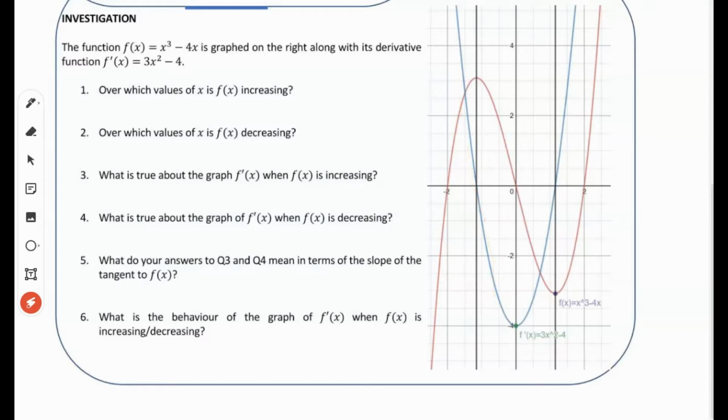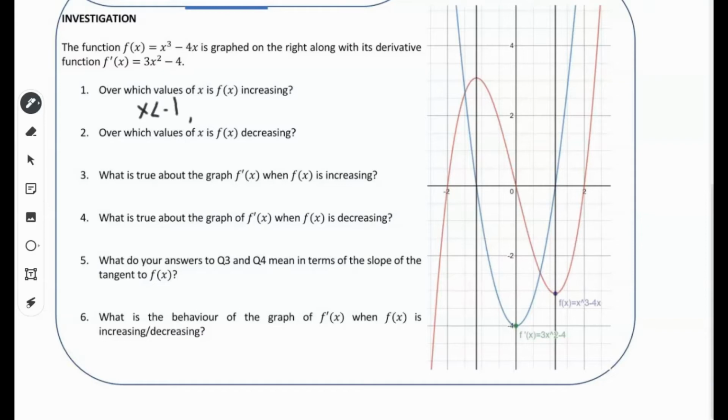So first, let's look at over which values f of x is increasing. Well, over here, it's definitely increasing, all the way up until about -1, and then it starts decreasing. So we can say x is less than -1, it's increasing on that interval.